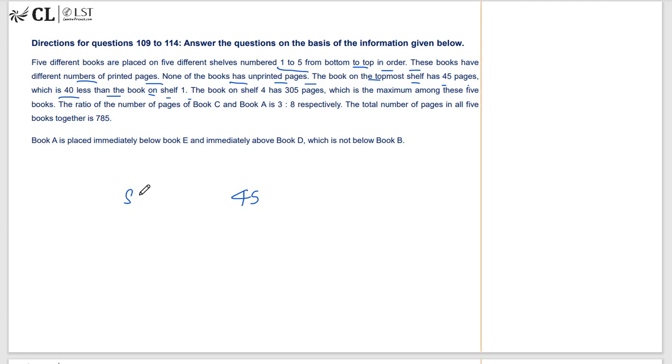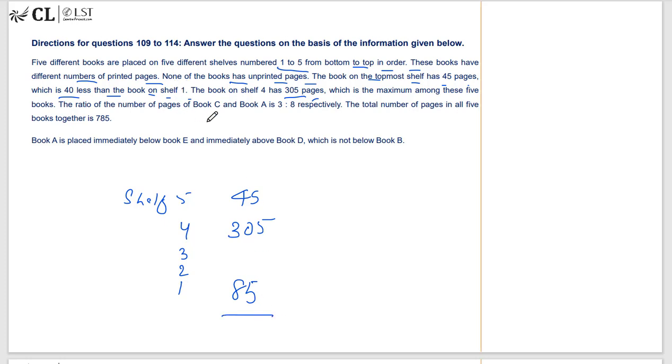So this is shelf 5, and 4, 3, 2, 1. This is 40 less than, that means the book on shelf 1 would have 85 pages. The book on shelf 4 has 305 pages. That comes here, which is the maximum among these five books.